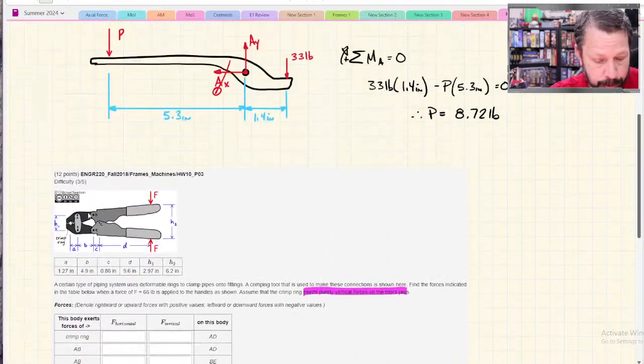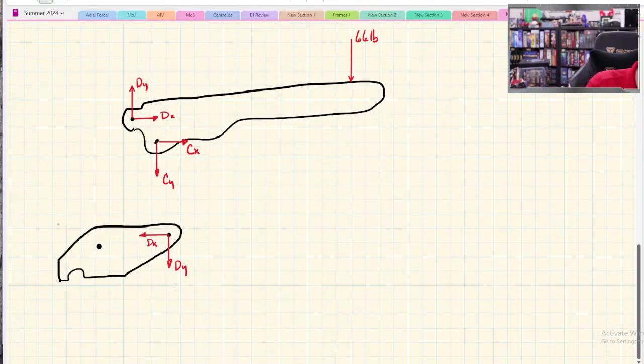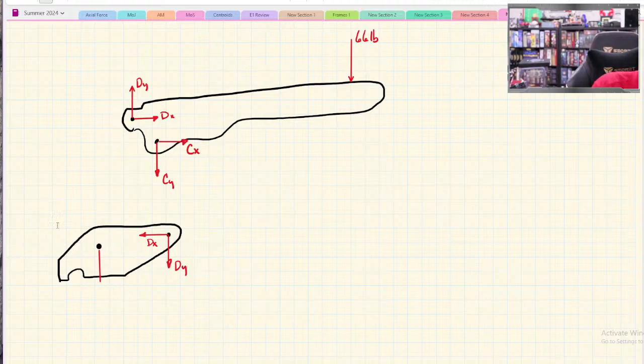I am going to assume that AB is vertical, and so the force in that 2-force member is also vertical. Let's just make it go this way.